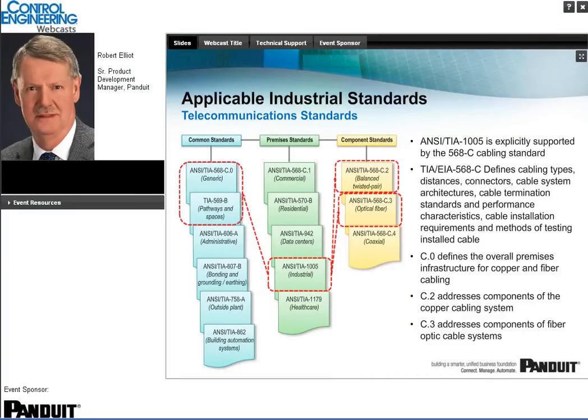And finally, each of these premise standards relates to component standards. We see here two that have been flagged up. 568-C.2 is for balanced twisted pair copper cabling, and 568-C.3 is for optical fiber.